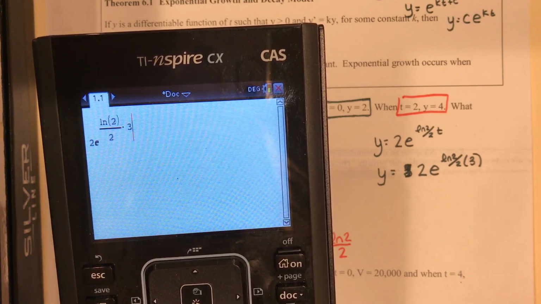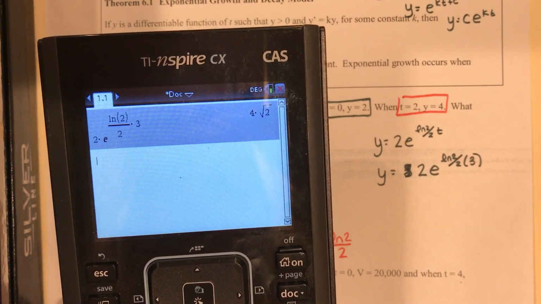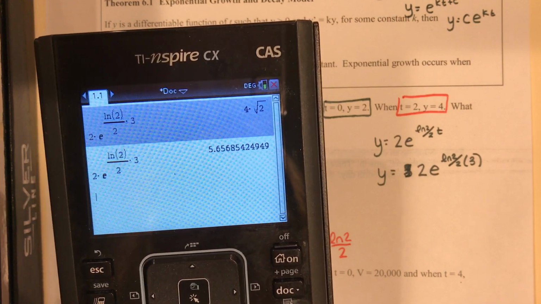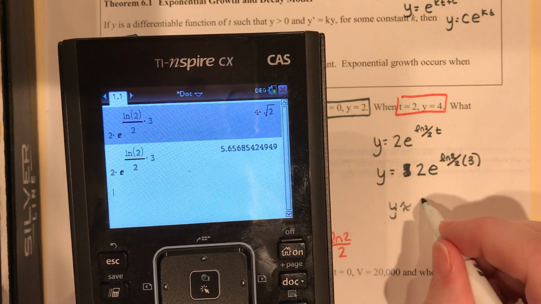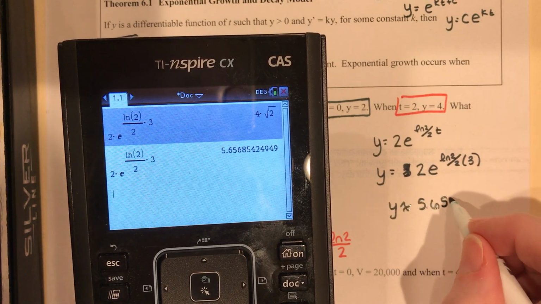That looks pretty good. That gives me 4 root 2, but I'm going to convert that to a decimal. So y is approximately 5.657.